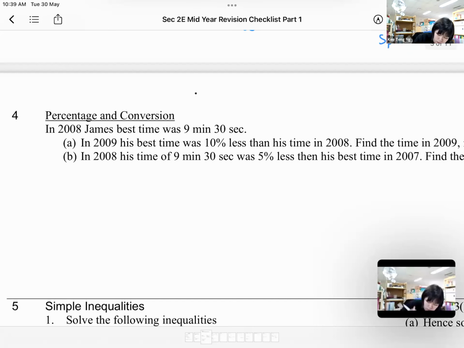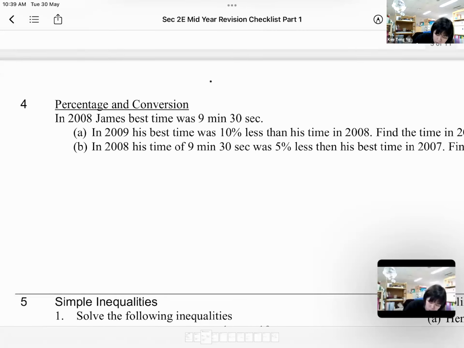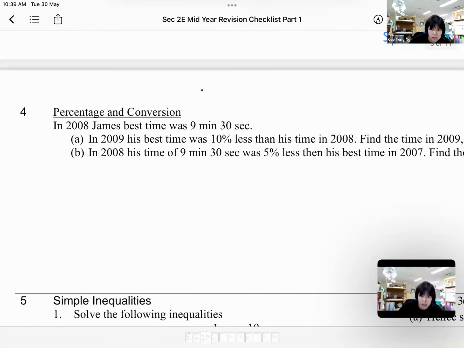Okay, so now let's take a look at this question. In 2008, the best time was 9 minutes and 30 seconds. One more thing to do calculation. It's very difficult to do calculation if the units are slightly different. So in this case, either you can change it to 9.5 minutes, or for me, I actually change everything into seconds because I am worried about decimal place later.